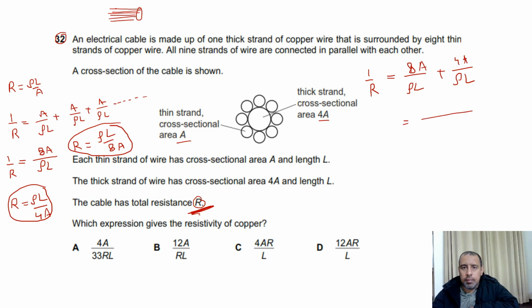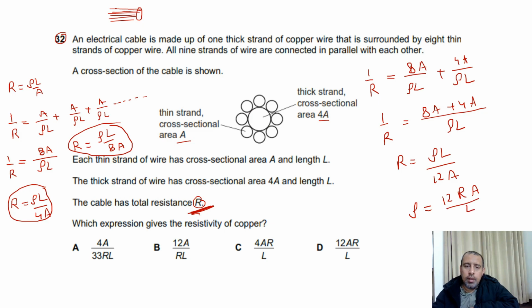The LCM is rho L, so 8A plus 4A, and R is equal to rho L over 12A, and resistivity is 12 R A by L. Option D is the correct one.